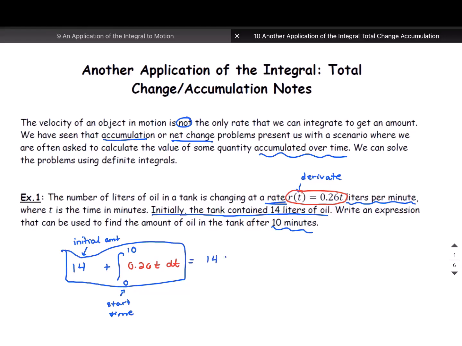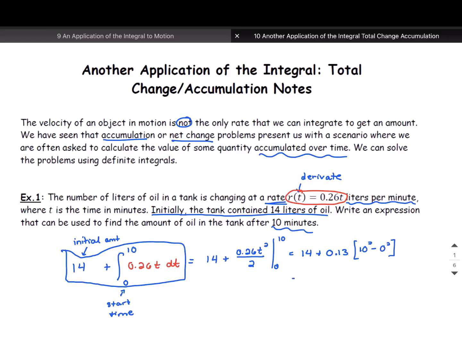So it would be 14 plus the antiderivative of 0.26 t. We add 1 to the exponent, divide by the new exponent, and we're going to evaluate from 0 to 10. So this is 14 plus 0.13 t squared, we're going to plug in the 10 first, minus plug in the 0 and square it.